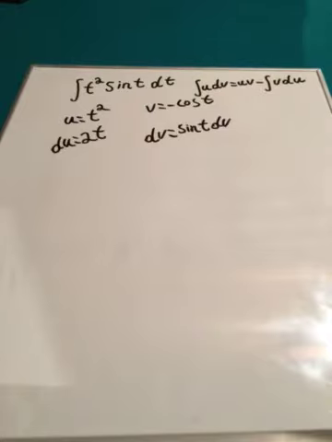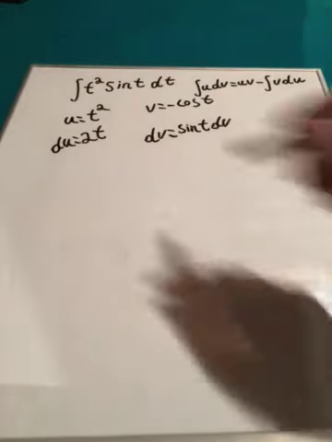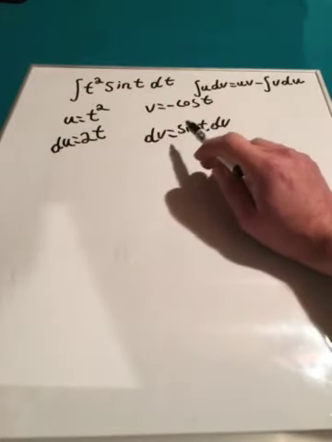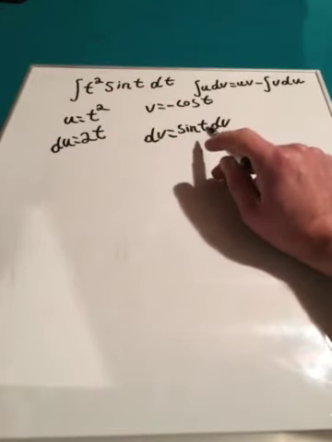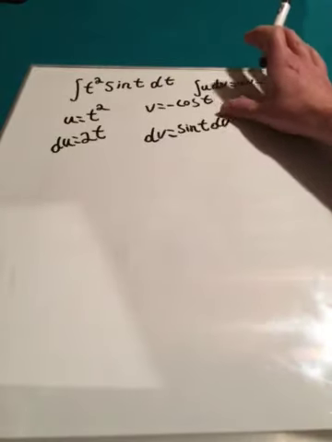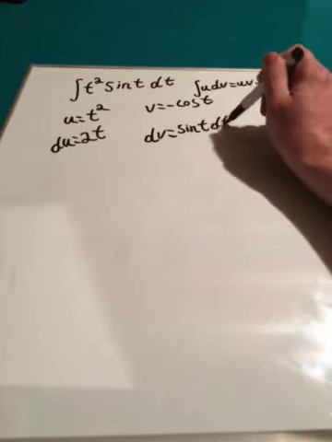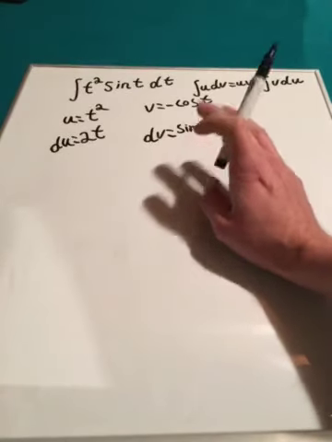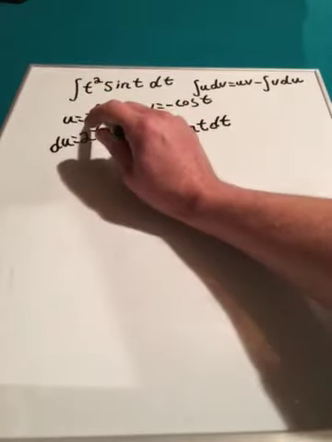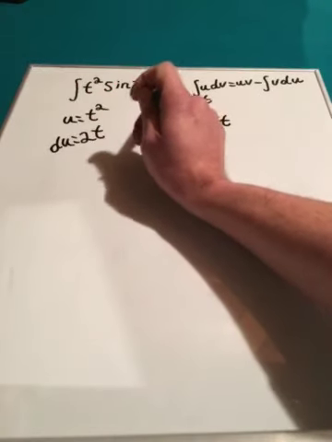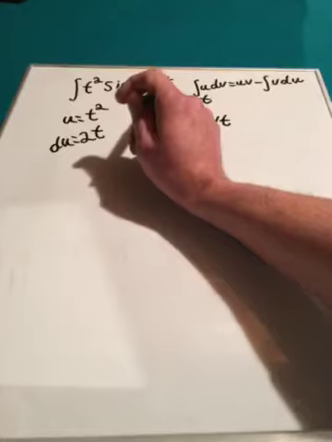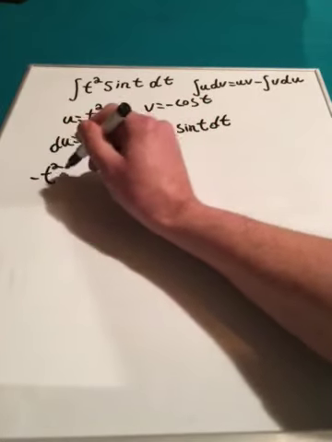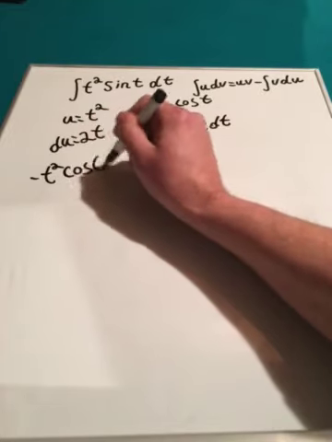All right, so now we have all of our parts for our formula, and then we just plug in. The integral of u dv, which is what we want here, the integral of t squared times sine of t dt, not dv, that should be a dt, is equal to u times v. So t squared times minus cosine of t, so that's just minus t squared cosine of t.